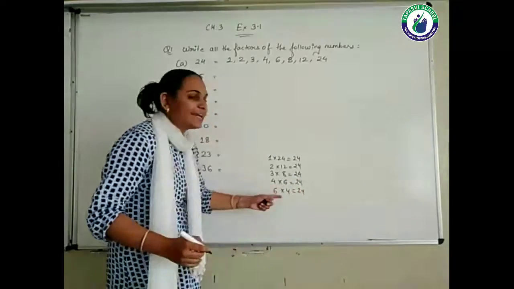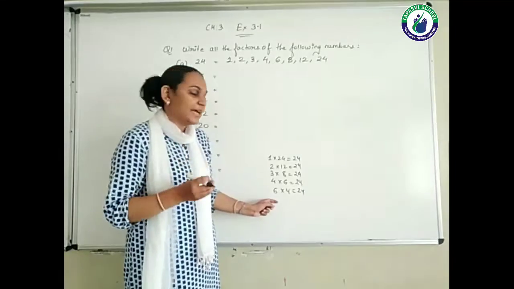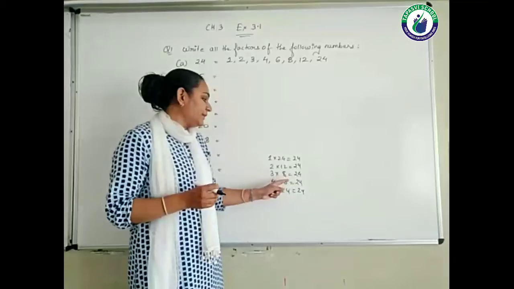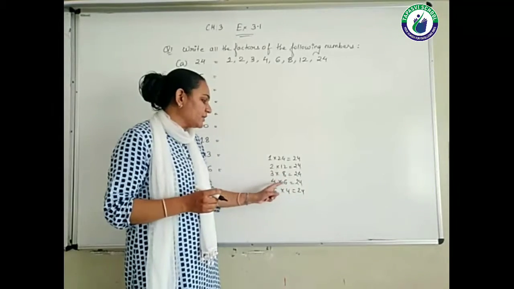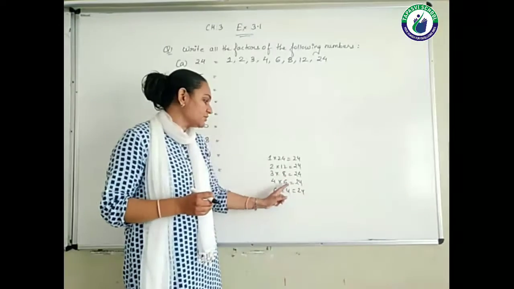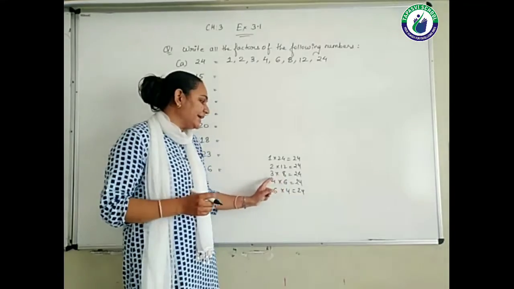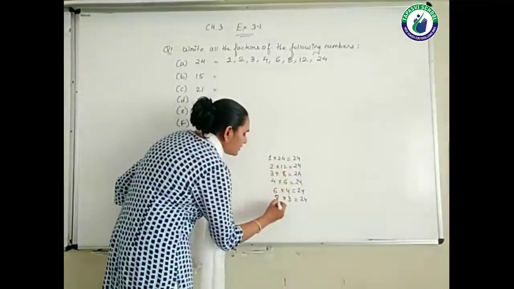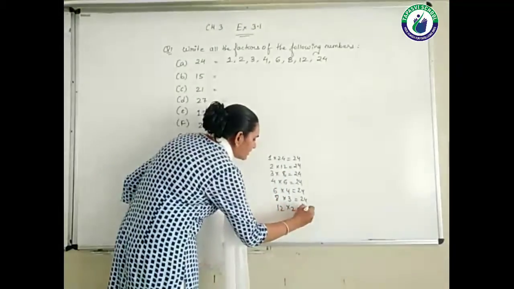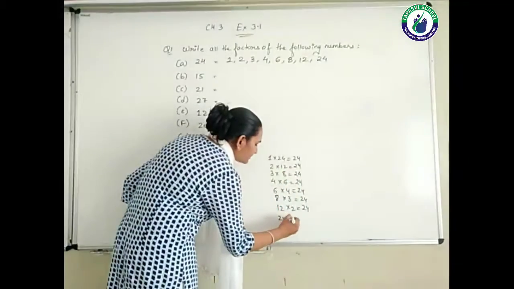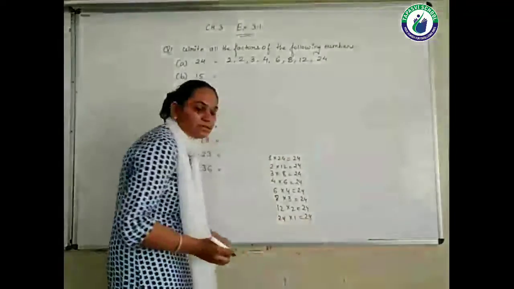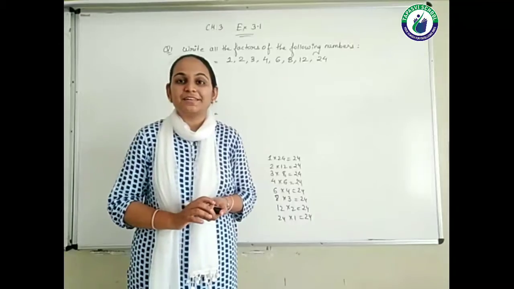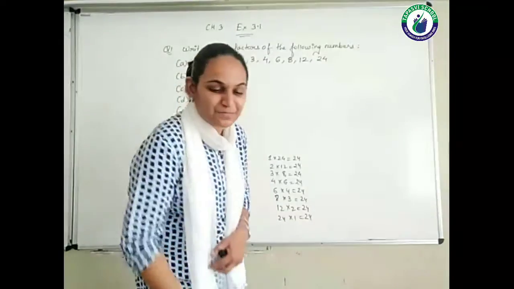The moment it gets reversed, that means you have to repeat each and every step from here. 4 6s are, then 6 4s are, so you repeat like this. 8 3s are 24, 12 2s are 24, and 24 1s are 24. Students, this is also one of the ways you can remember the factors.